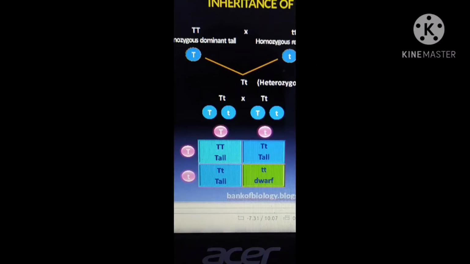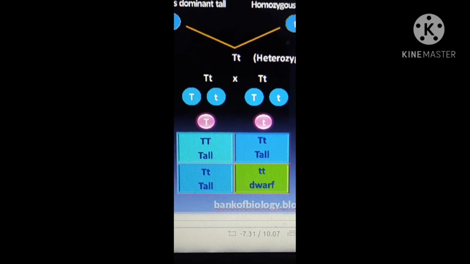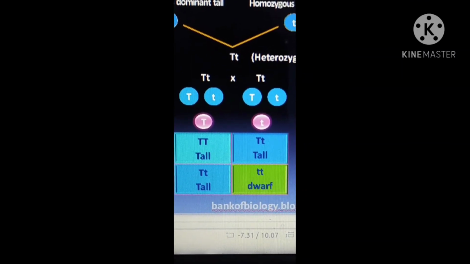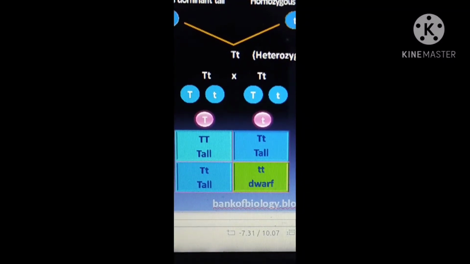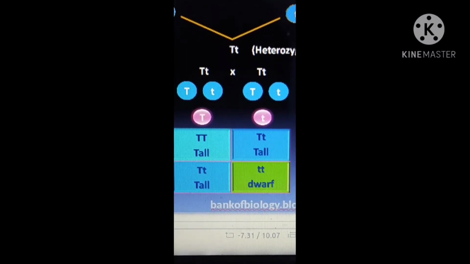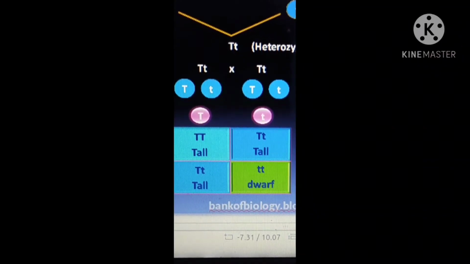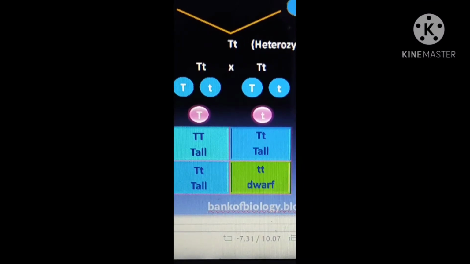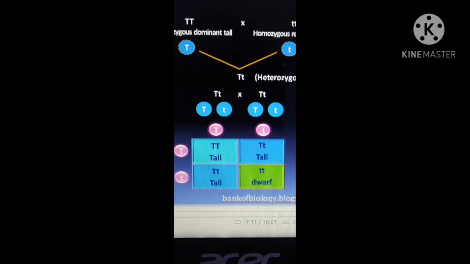Three were tall in nature and one is dwarf. We know that the combination capital T and small t is tall in nature, heterozygous tall. Capital T capital T is tall. Likewise, capital T and small t is also tall. One is homozygous, another is heterozygous. Both are tall in nature. So, three tall plants and one dwarf plant.